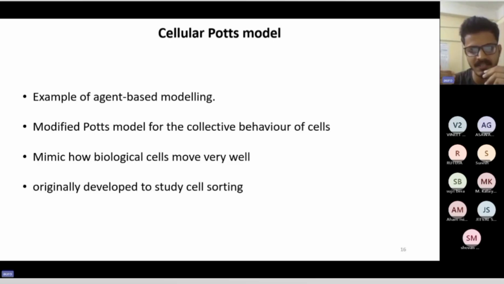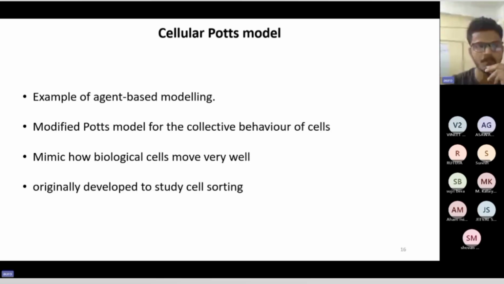From that model, we take some ideas and apply them to biology to make this cellular Potts model. This model mimics how biological cells move very well, and it was originally developed for cell sorting.